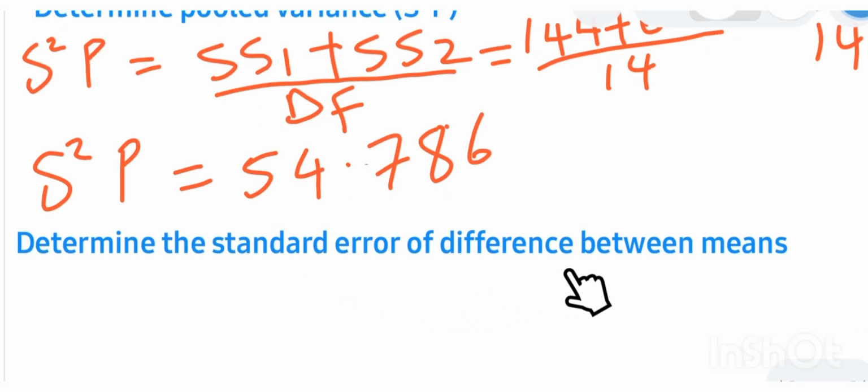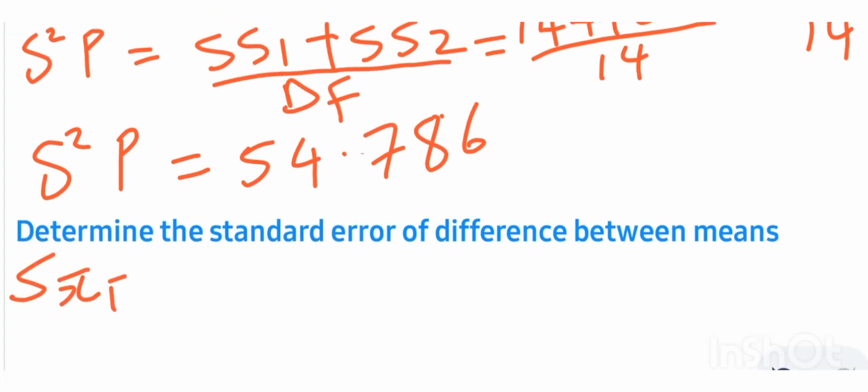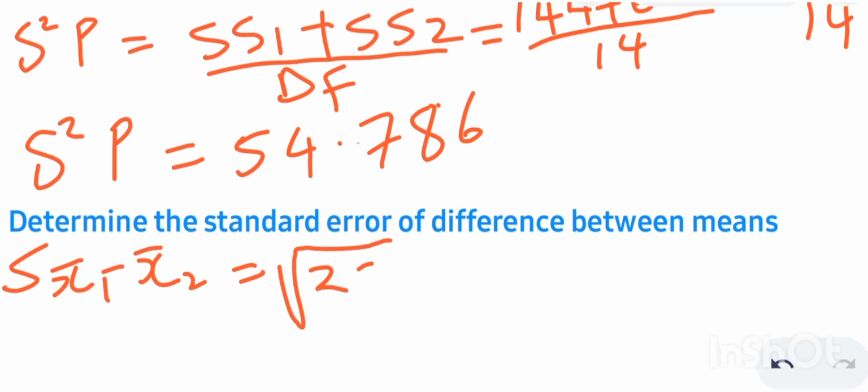It says determine the standard error of difference between means. Since the sample size for the two groups are equal, our standard error would be the square root of 2 times pooled variance over n.